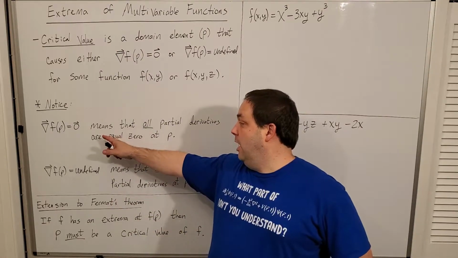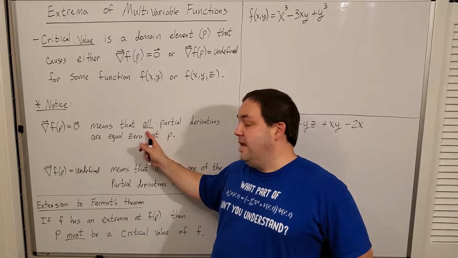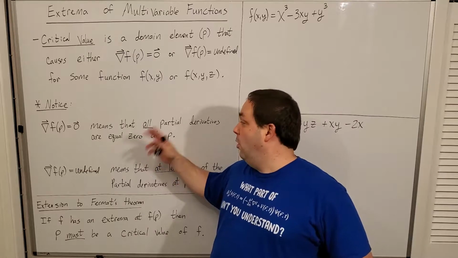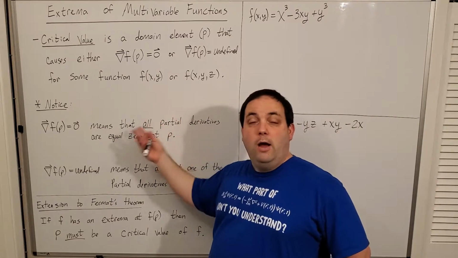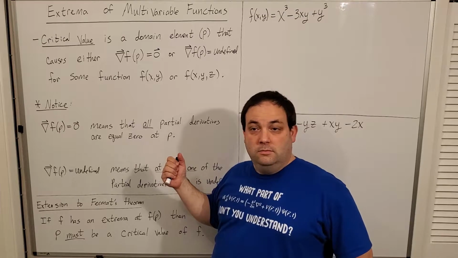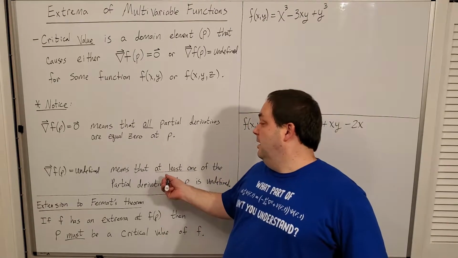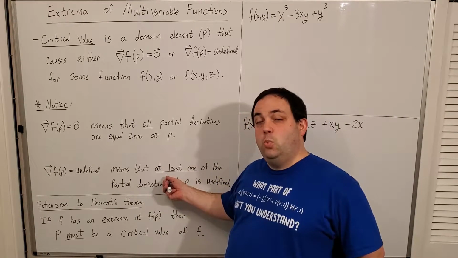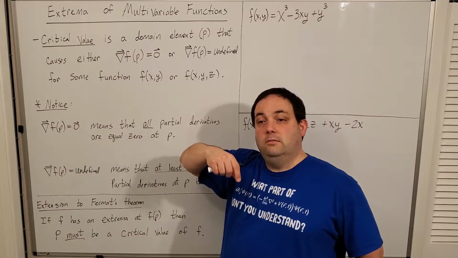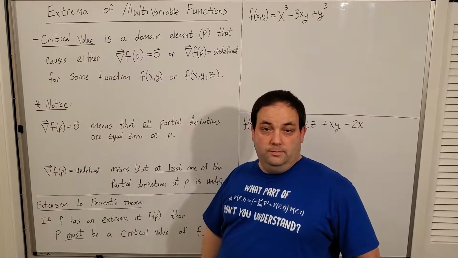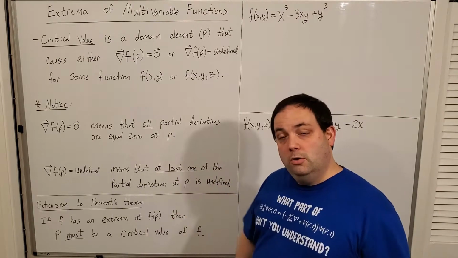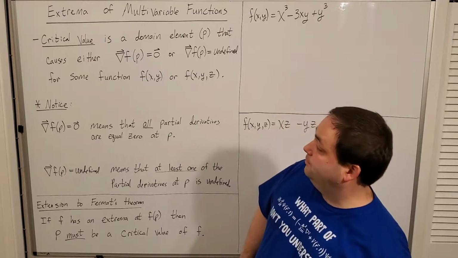So for the first kind, all 3 have to be equal to 0 at the same time, or all 2, or all however many partial derivatives you have, okay? Whereas with the undefined, it only takes one of them to be undefined to throw the whole gradient into being undefined.